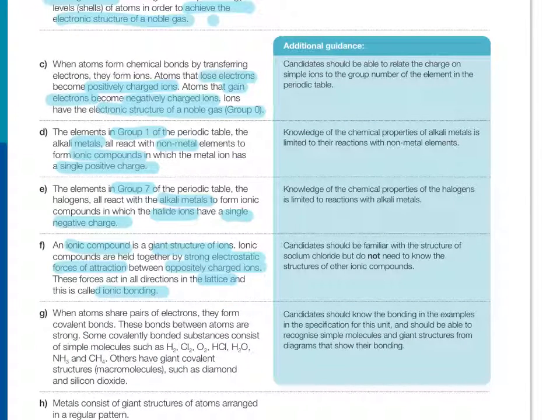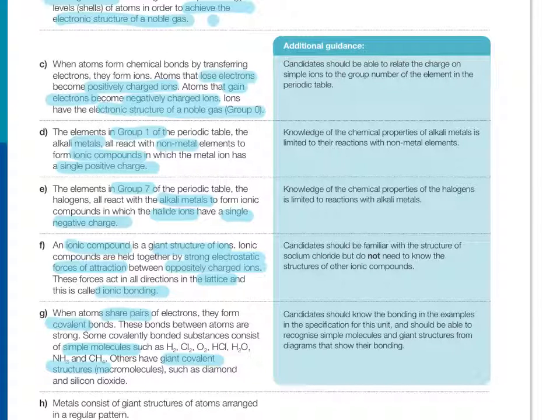Moving on to the second type of bonding, covalent bonding, we said that this is where electrons are shared. Specifically, a pair of electrons is shared. And the bonds between the atoms are really strong. So you have strong covalent bonds holding the atoms together. We said about there being a difference between simple molecules and giant covalent structures. Make sure you know examples of both.